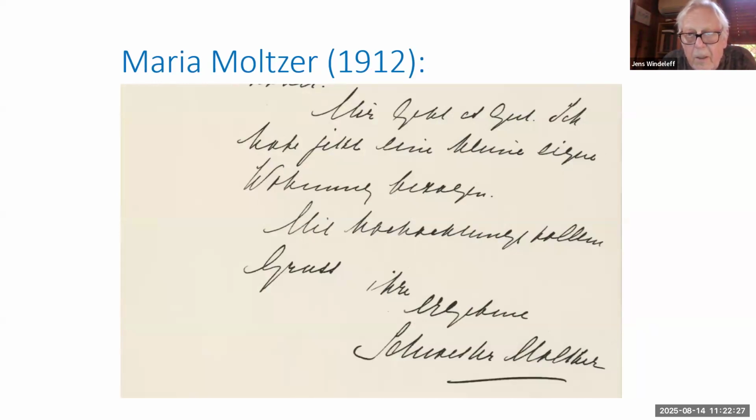And I think she was the one who mentioned intuition as a function. Jung was not there at that time. He operated only with thinking and feeling and sensation. I think Maria Moltzer was the one who got that up on the table.